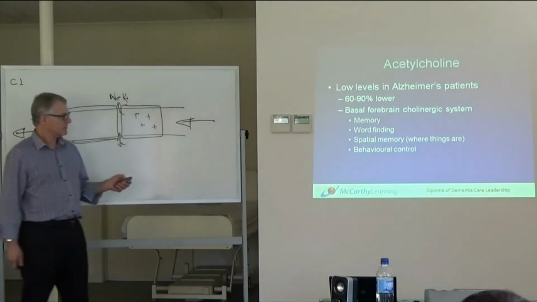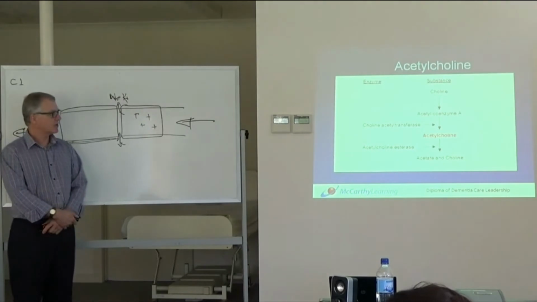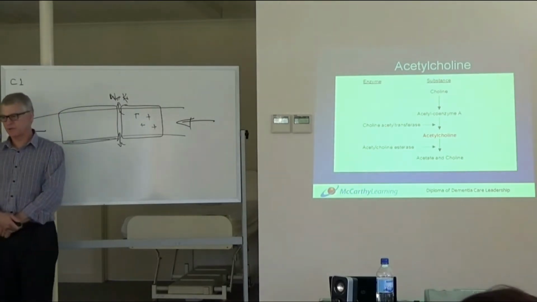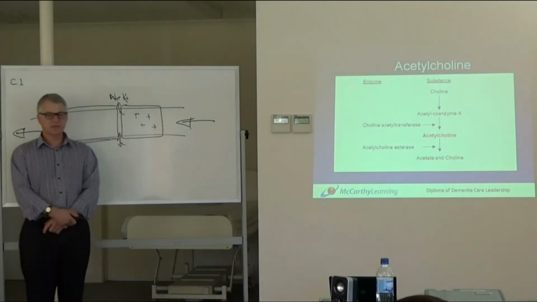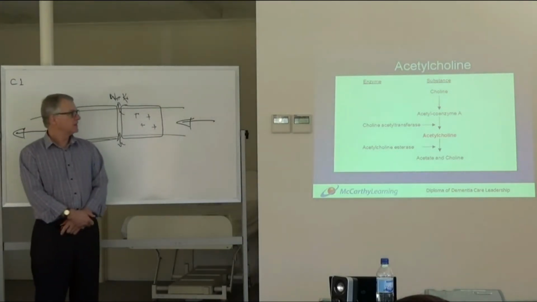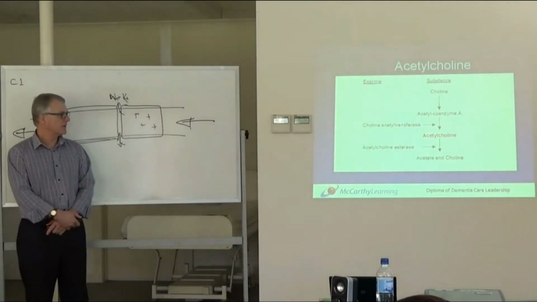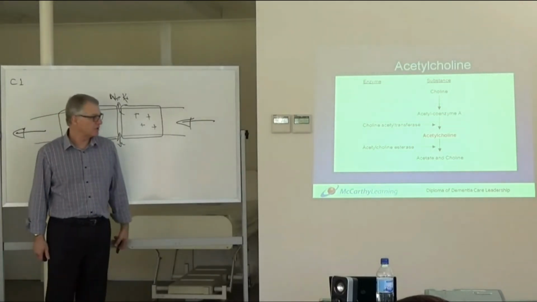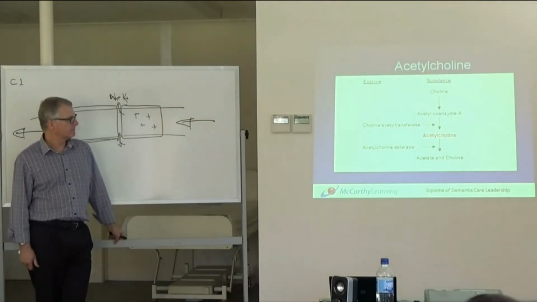We've looked at that slide already. Move on. This is the process of metabolism for acetylcholine. It changes from choline and is metabolized through the acetyl coenzyme A into acetylcholine and then to acetate and choline.